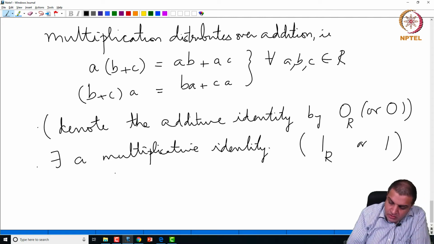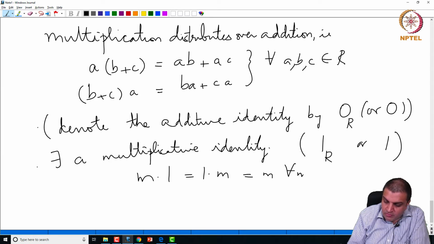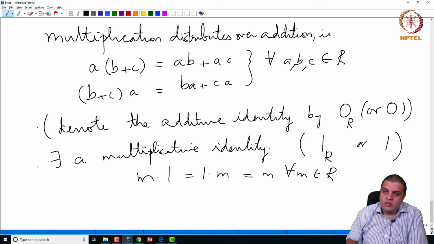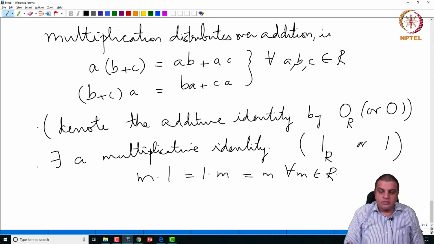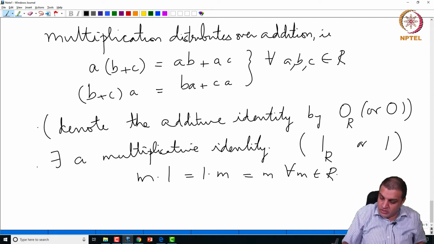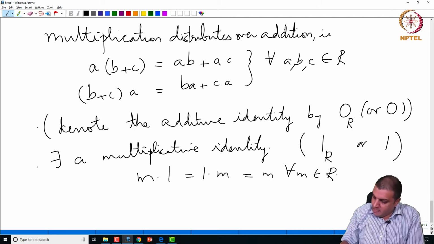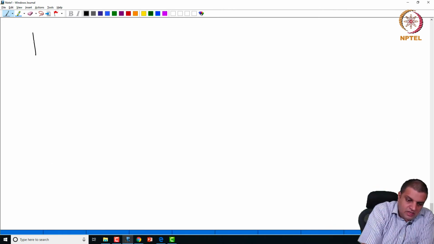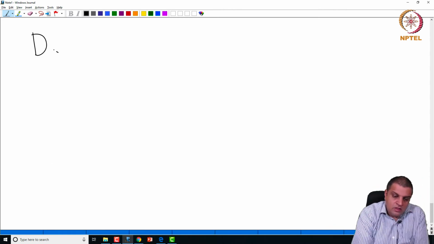And so what does this mean? This means that m times 1 is the same as 1 times m, and this is m for all m in R. Okay. So a set with two such operations with these properties is called a ring. Definition.